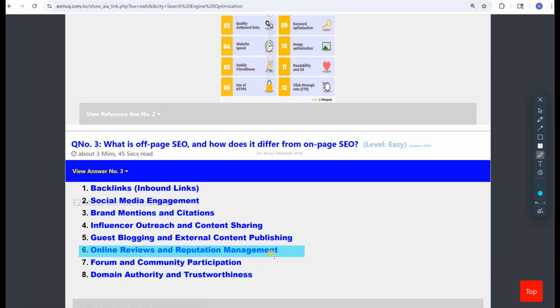Then are online reviews and reputation management. Those online reviews are going to be written by other people, but that is going to enhance trust, and that is an external sign of credibility. This is not on-page SEO, which is internal. Then is forum and community participation.